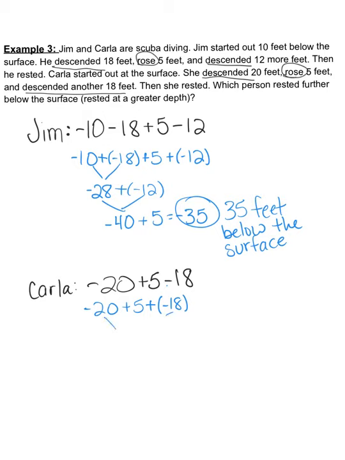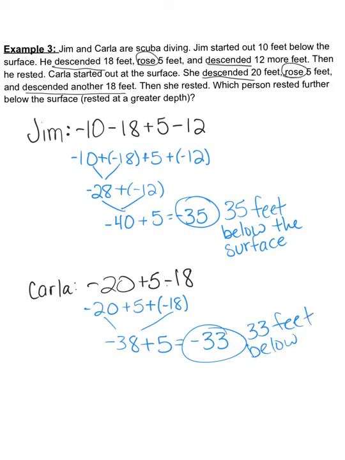So -20 plus -18 is a -38. And then I'm going to add my +5. So for Carla, my simplified expression is -38 plus 5, which is equal to a -33. So Carla rested at 33 feet below the surface.